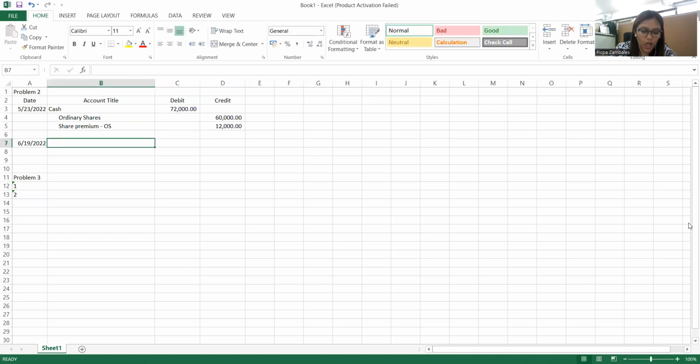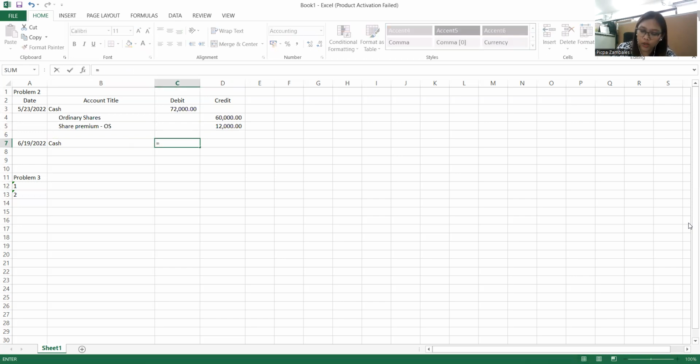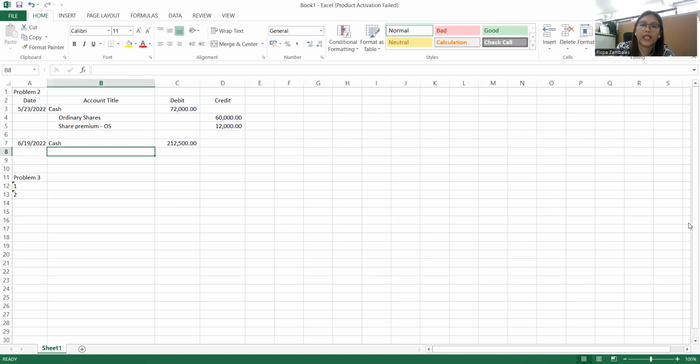Then next is, on June 19, the corporation sold 12,500 shares of ordinary shares at 17 pesos per share for cash. So again, it's for cash. So all you need to do is debit cash. Then you multiply the 12,500 shares times the 17 pesos, and that's 212,500. Then you record it as ordinary shares, according to the problem, it's an ordinary share.